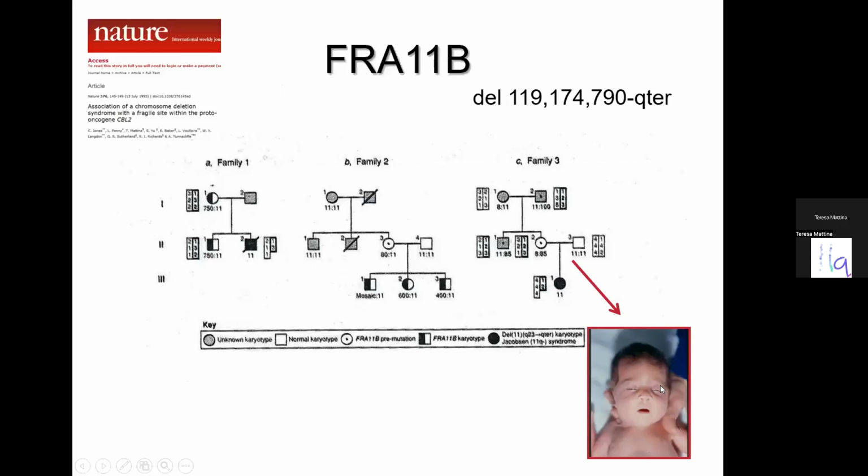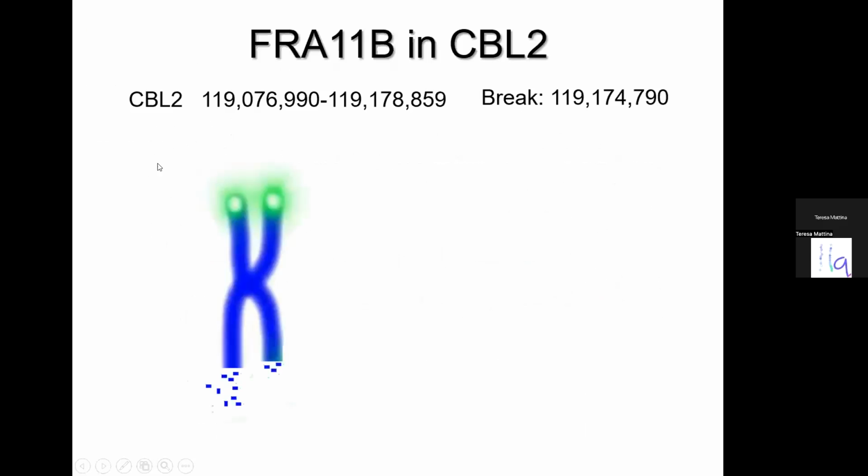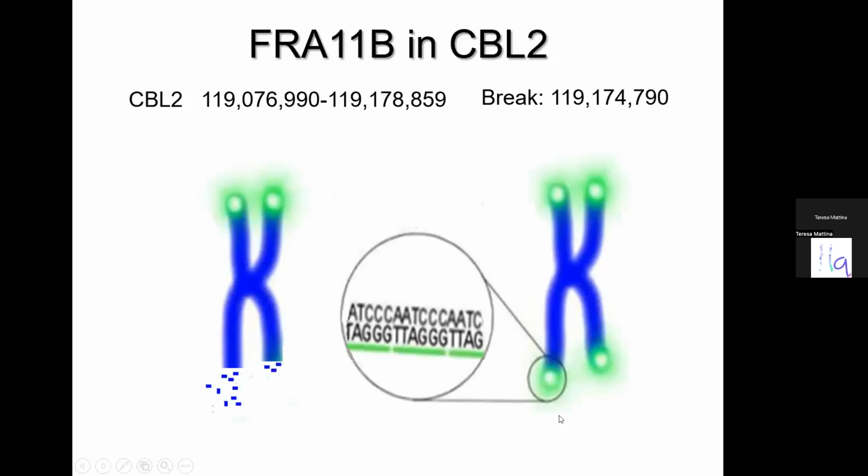This is my first patient who had a fragile site. The fragile site gives a chromosome that is broken and loses bits, because before the chromosome is healed, it must be healed to divide in the next cell, and before it is healed, it loses bits.